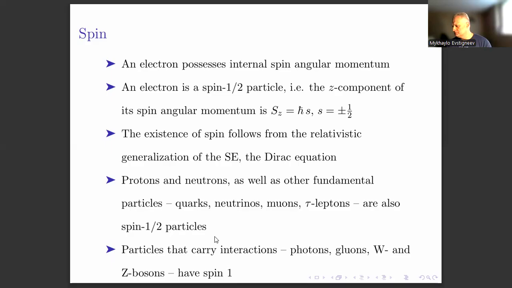And you probably have heard about particles called gravitons, which may or may not exist. We do not know yet. But if they exist, then they should have spin 2. All right, and so all those particles which mediate interactions have integer spins.